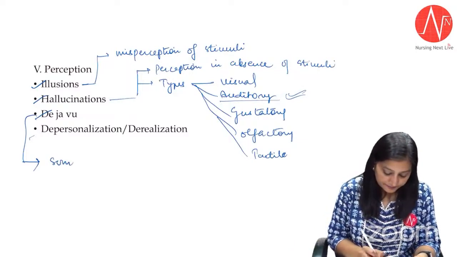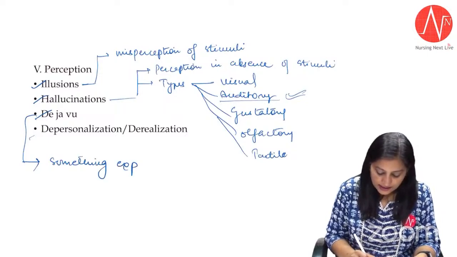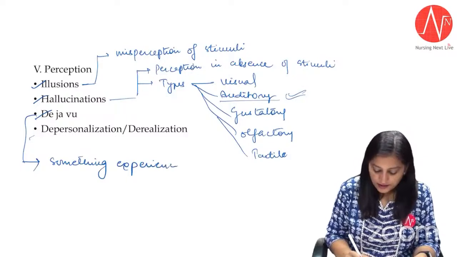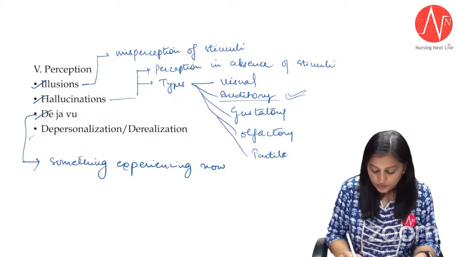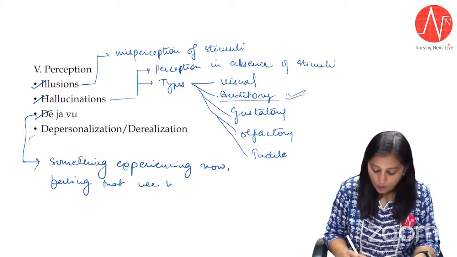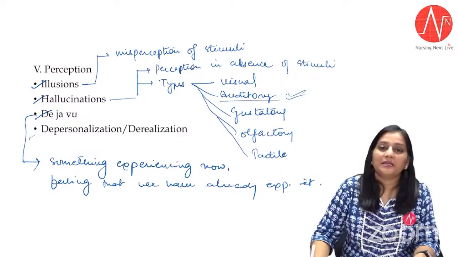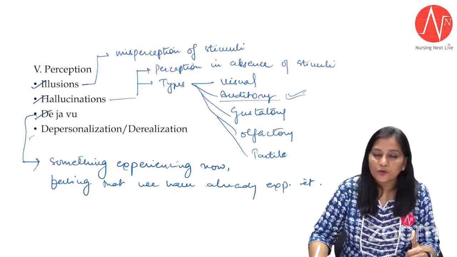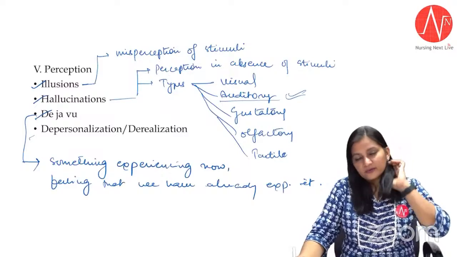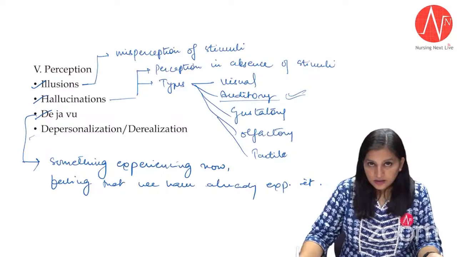Something we are experiencing now, we have a feeling that we have already experienced it before. This happens with us also, but we are normal individuals. We are not having any kind of illness, so we are not disturbed by this.